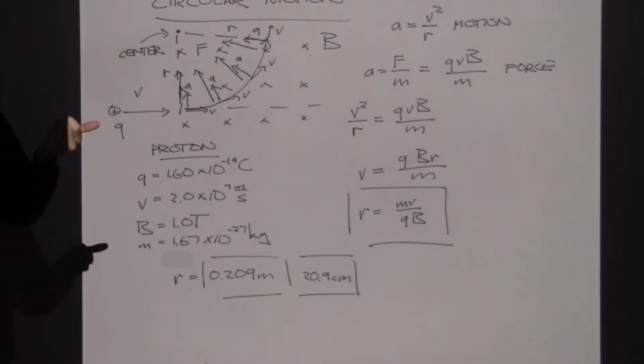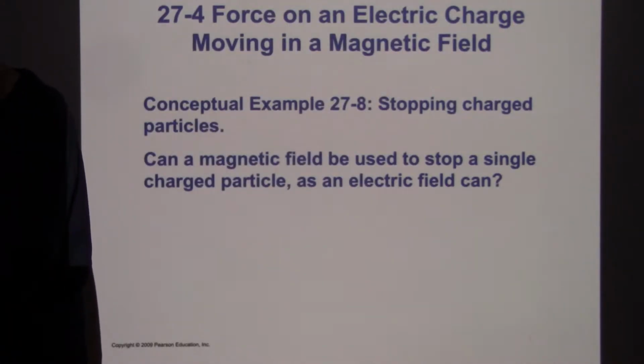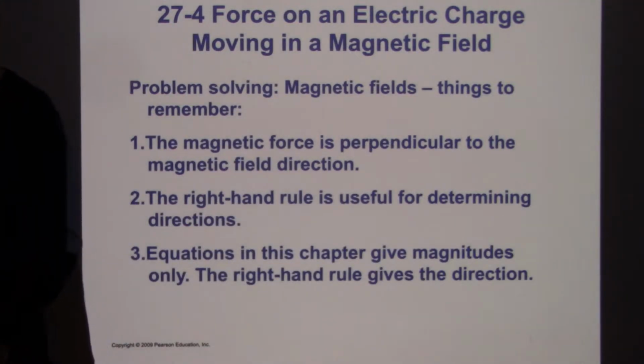It's not going to speed it up, it's not going to slow it down, it's just going to end up redirecting its motion if it's a single isolated charge. Now, if it's a group of charge, if it's a bunch of current or something, then we can find ways to slow it down. But a single point charge, a single charged particle with no spin, cannot be stopped by a magnetic field. I know that's a dangerous statement to make, but I think that's true.